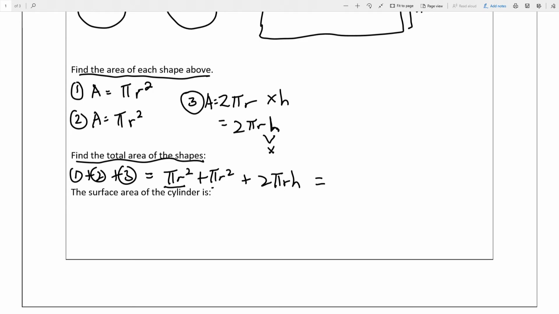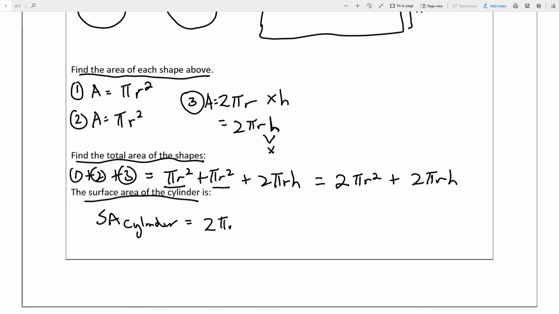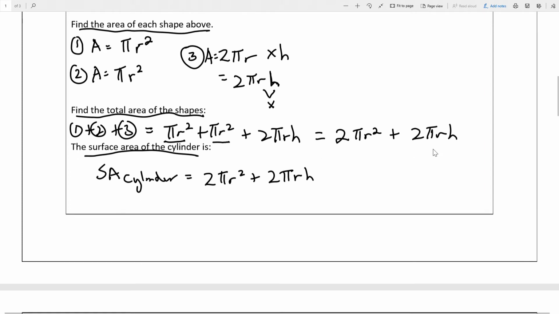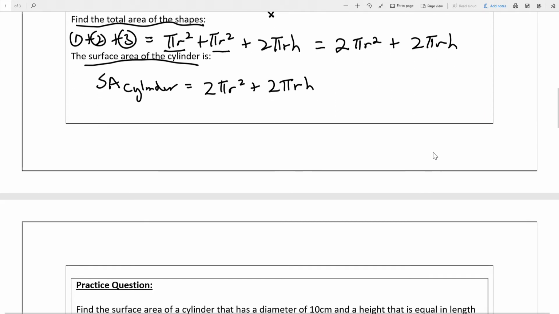We have pi r squared twice, so that means we have two groups of pi r squared plus the rest of it, 2 pi rh. So in the end, the surface area of the cylinder is equal to 2 pi r squared plus 2 pi rh. Okay, and that's it.